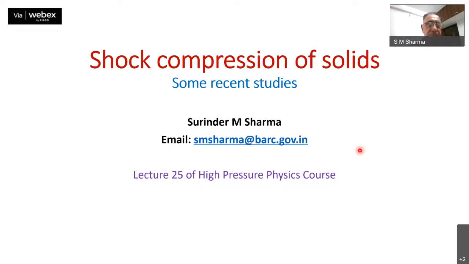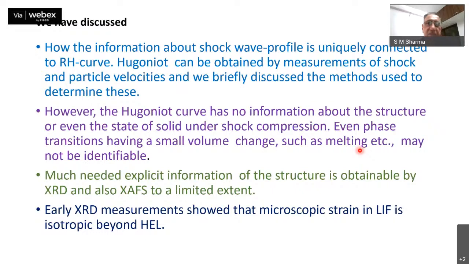Let me reiterate some of the things that we have discussed so far. One was how the information about the shock wave profile is uniquely connected to the Rankine-Hugoniot curve, or commonly called Hugoniot curve. Hugoniot can be obtained by measurements of shock and particle velocities.